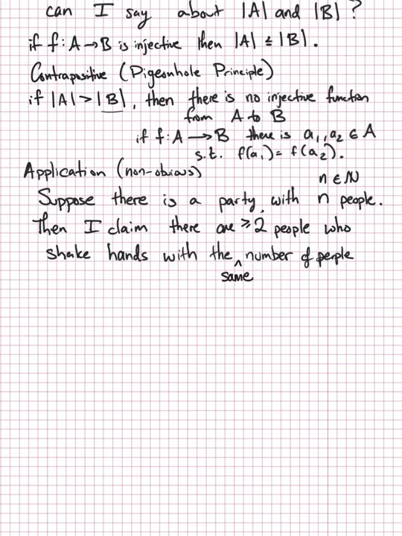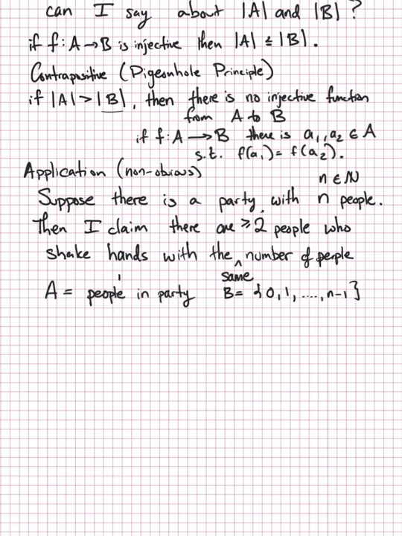So why is this? Well, we're going to define a function. First, let me tell you where the sets are. We're going to define a function from A, which is the people at the party, and the set B is just going to be the numbers 0 to n minus 1.